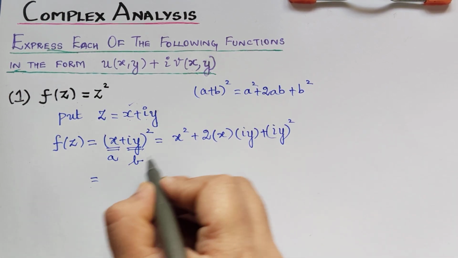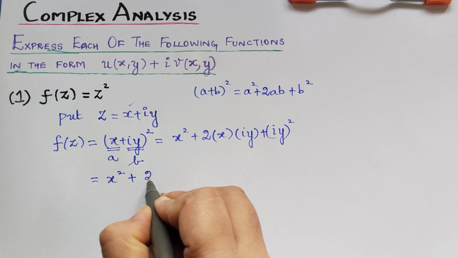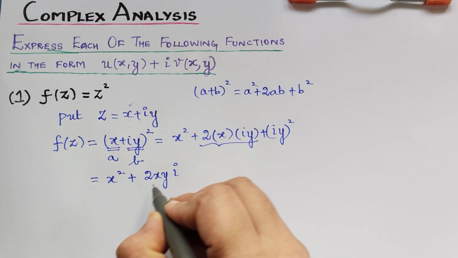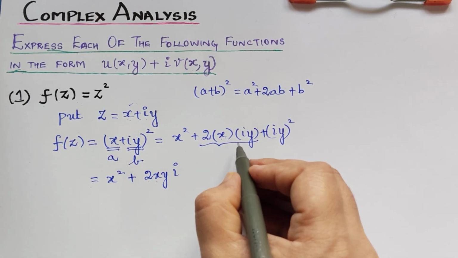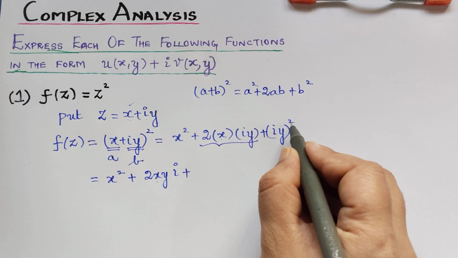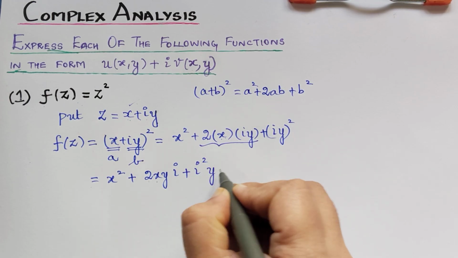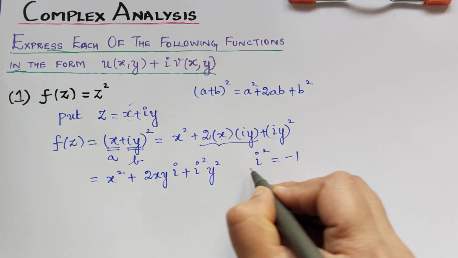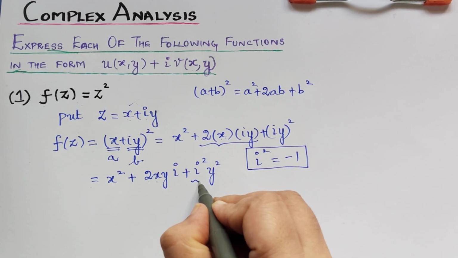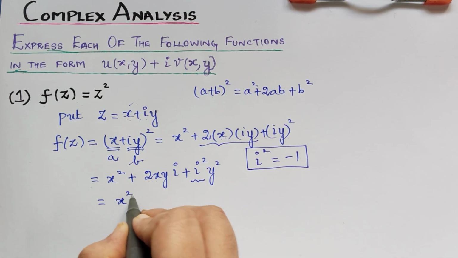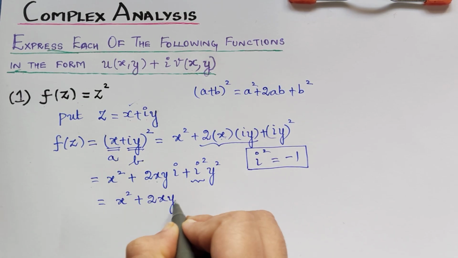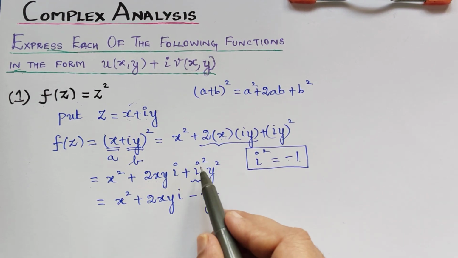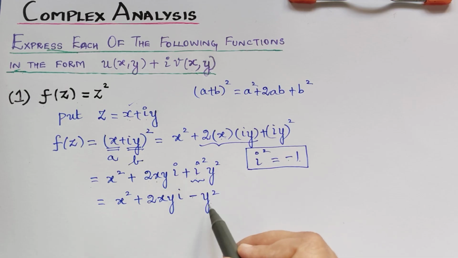Now this can be further written as x square plus 2xyi, where I have just combined the variables and written 2xy and i here, plus (iy) square can be written as i square y square. But we know that the value of iota square is equal to negative 1. So on replacing i square with negative 1, we get x square plus 2xyi minus y square.